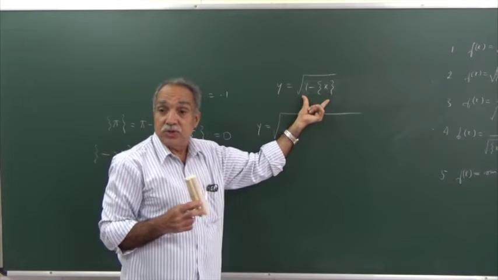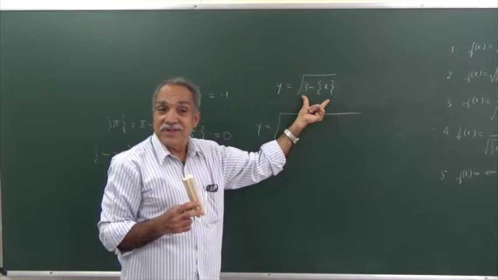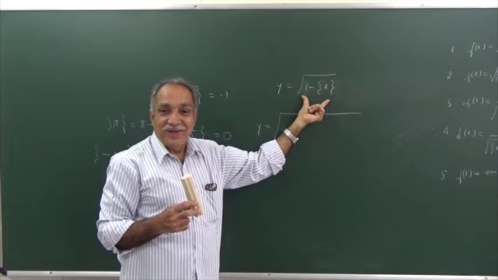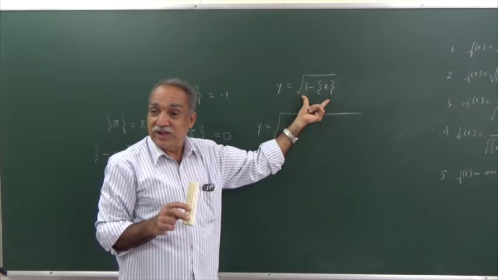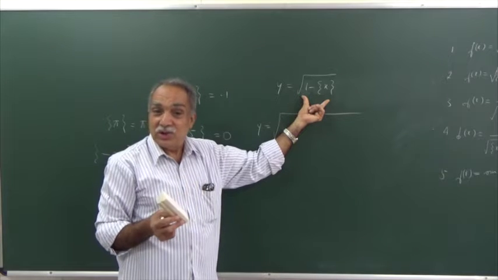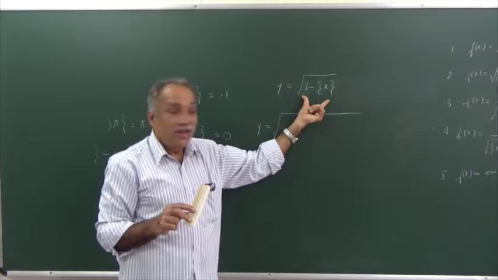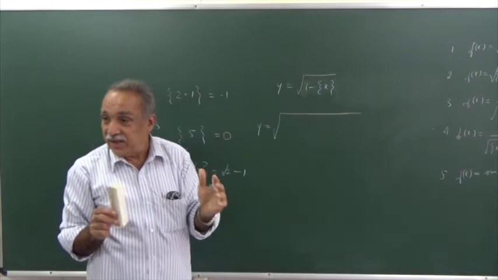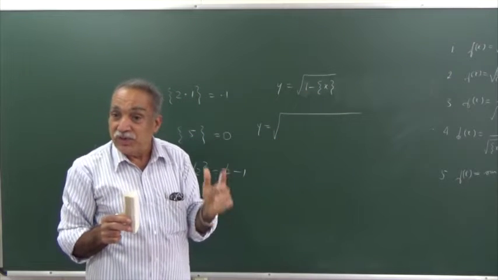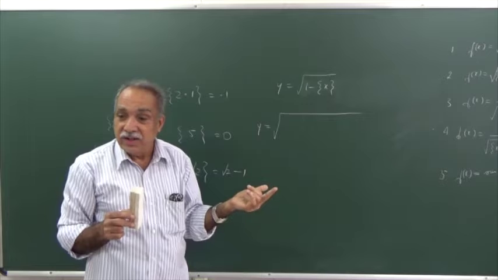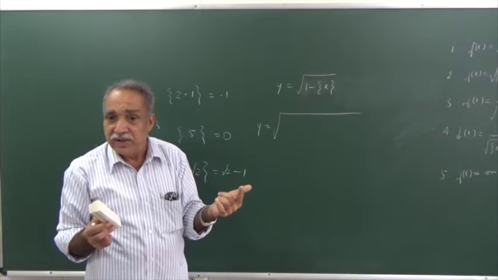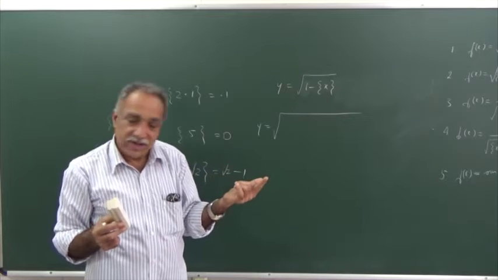Therefore, this takes values between 0 and 1. Which point included, which point excluded? 1 included, 0 excluded. Square root of that will be again a number between 0 and 1. Which one included? 1 included, 0 excluded. Right.